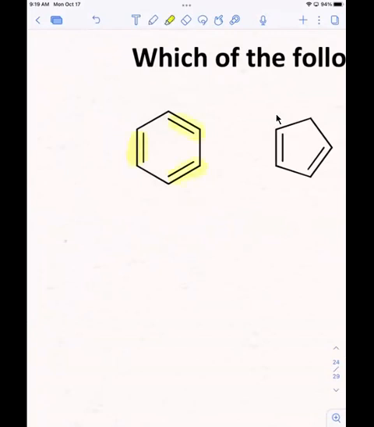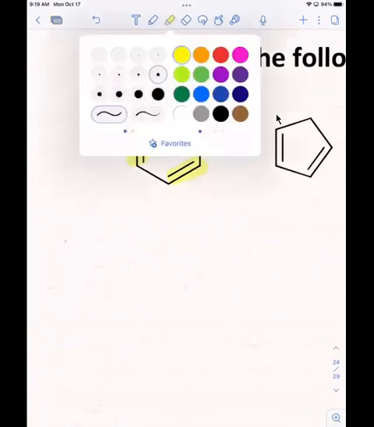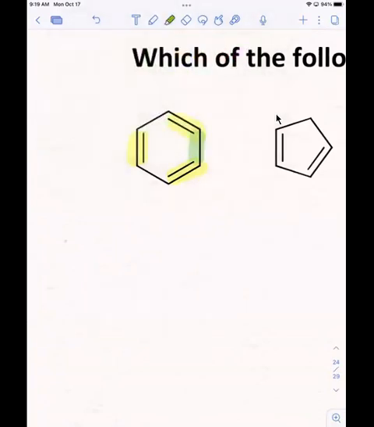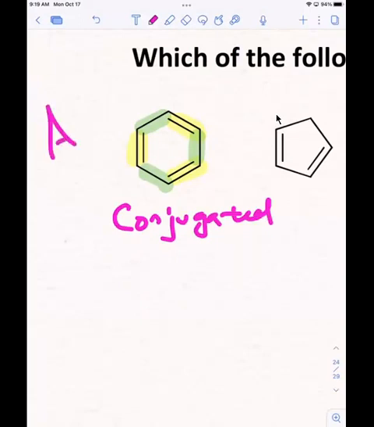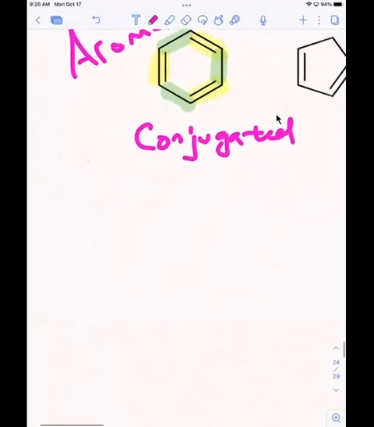These are all your pi bonds, and each one of them is separated by a sigma bond. So this is conjugated. This aromatic also illustrates what we call full conjugation.